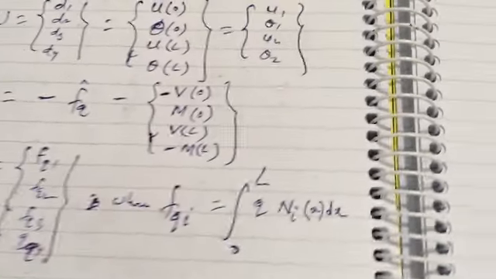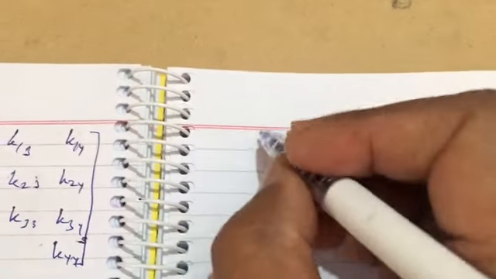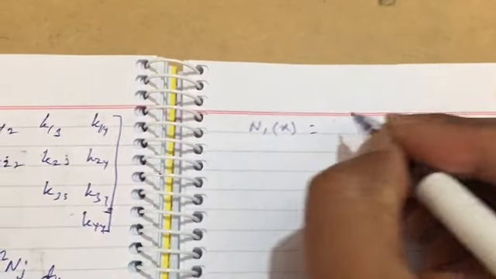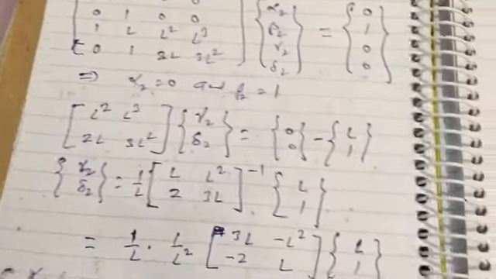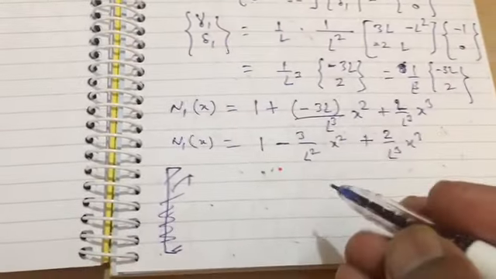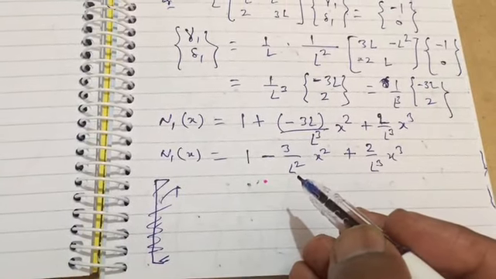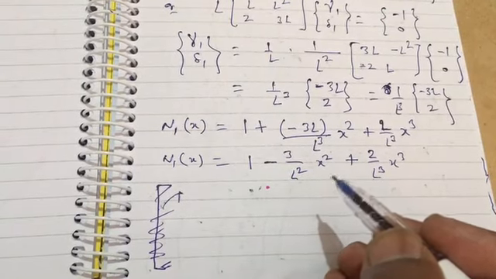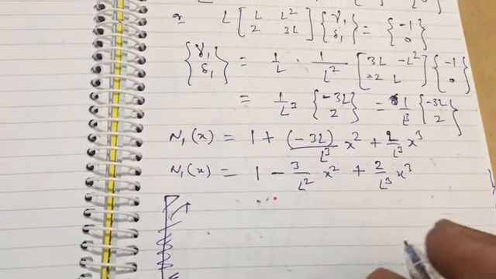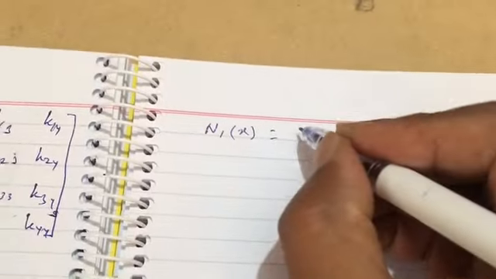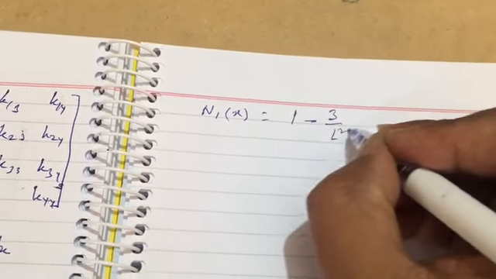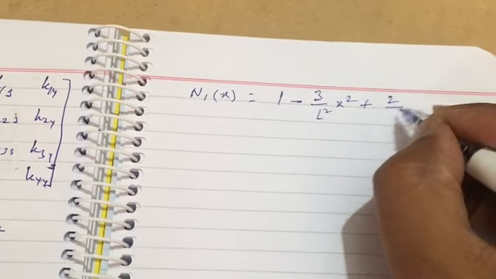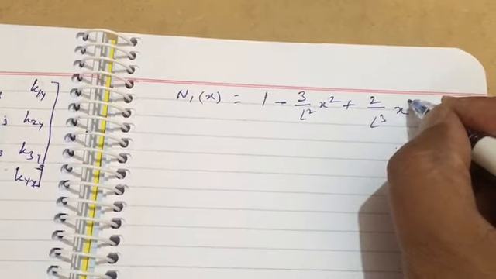Okay, so what is n1? Let's write n1 as a function of x. This we worked out today, so let's look at it. So n1 is 1 minus 3 over L square x square plus 2 over L cube x cube.